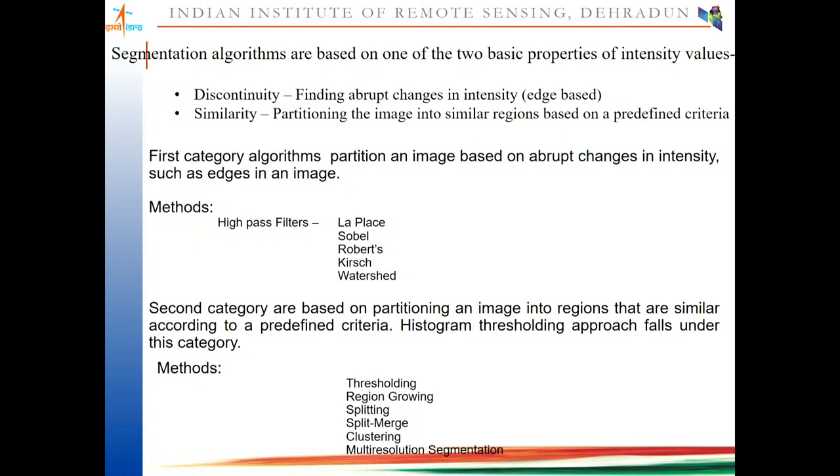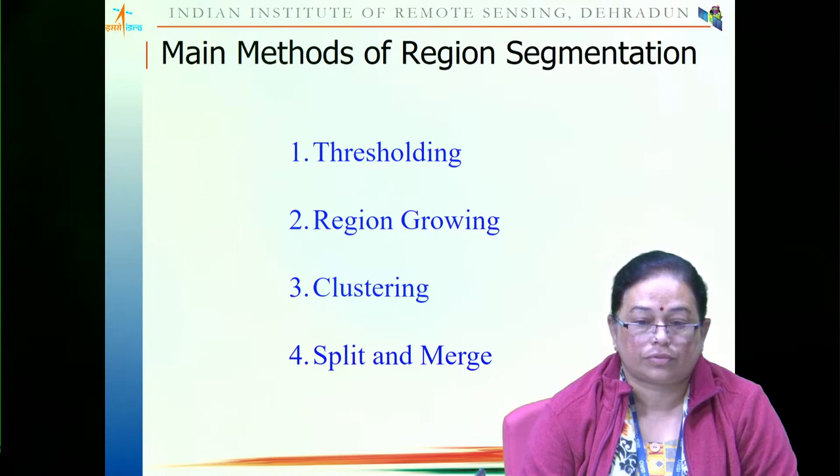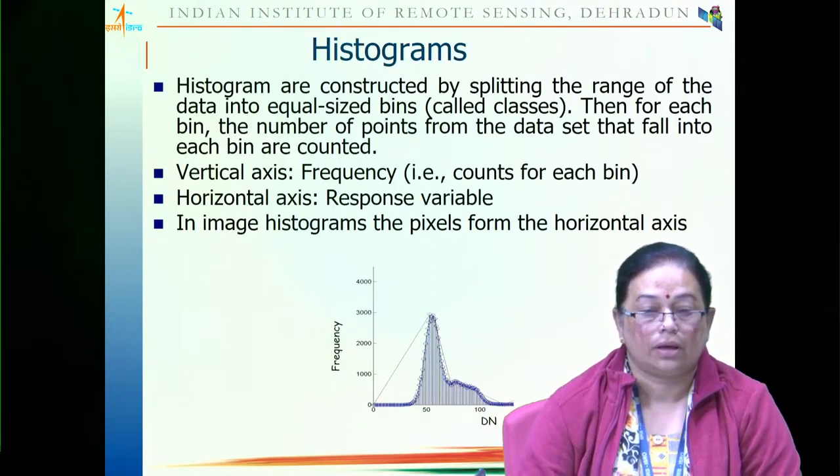Possible methods could be defining a threshold, region growing, splitting using split and merge, a clustering method, or multi-resolution segmentation. In the next part of the discussion, we will focus on these algorithms, both discontinuity-based or edge-based and similarity-based. The main methods of region-based segmentation are thresholding, region growing, clustering, and split and merge.